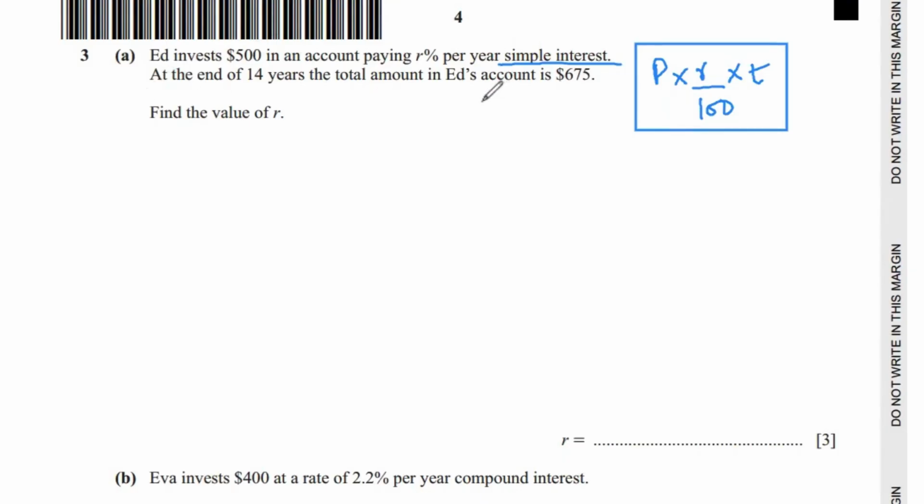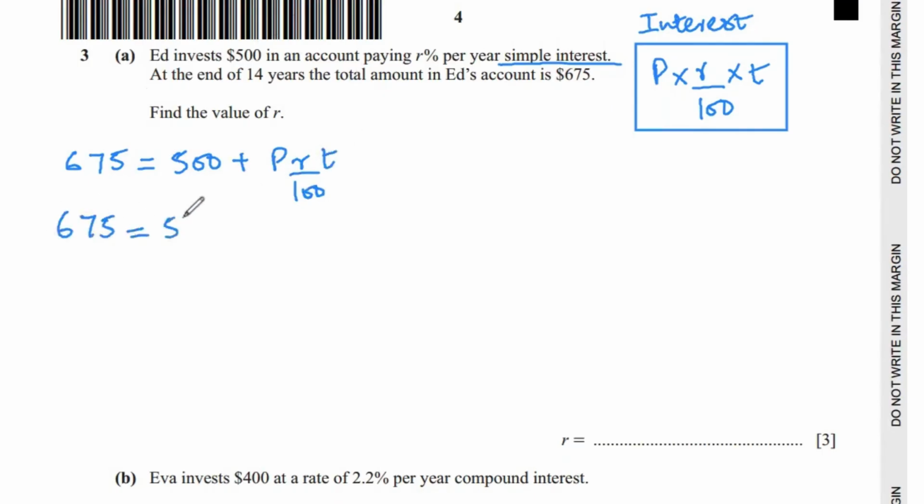So now this is the formula for interest, not the final amount. Since they've given us the final amount, that means we'll do 675 equals 500 plus PR over 100 T, because we're adding the interest to the initial amount, and that gives us 675.